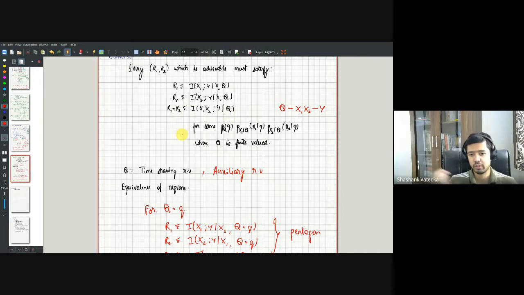Even if you can find one set of distributions for which these inequalities are satisfied, then you know that it is possible to construct encoders and decoders to operate at that particular rate pair. If you don't find a distribution for which these are satisfied, then it means that that particular R1 and R2 are not achievable, right? Any questions?